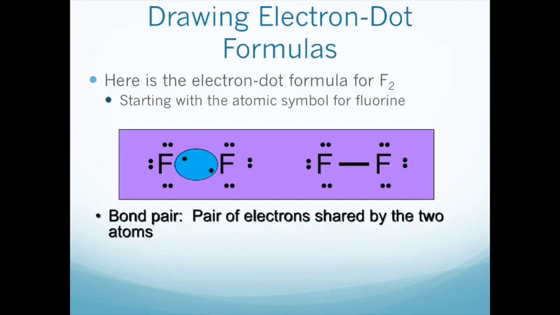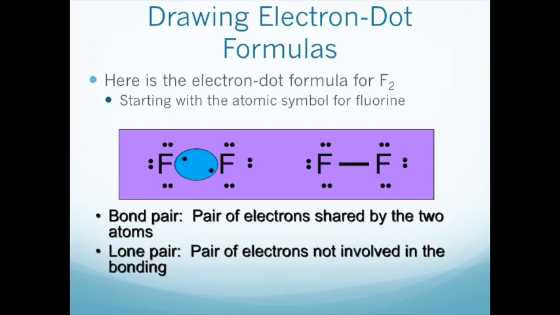This bond is a pair of electrons that form a bond pair and are shared by the two atoms. The rest of the electrons are lone pairs which repel one another and stick off in opposite directions from one another off of the atom. And they are not involved in bonding.